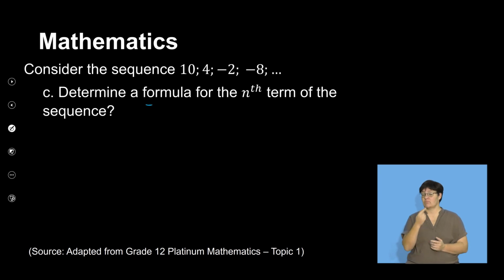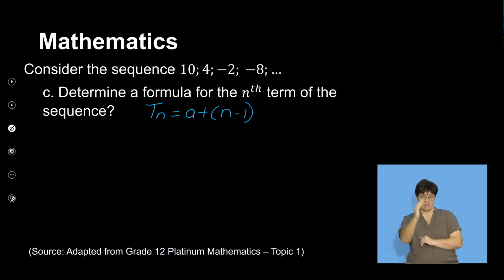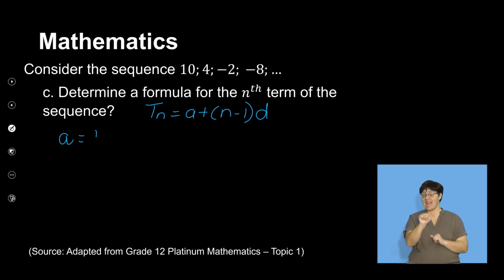So we said that Tn is equal to A plus n minus 1 d. What is A? I'm hoping that everyone will agree with me that A is equal to 10. Why is A 10? We know that A is the first term.